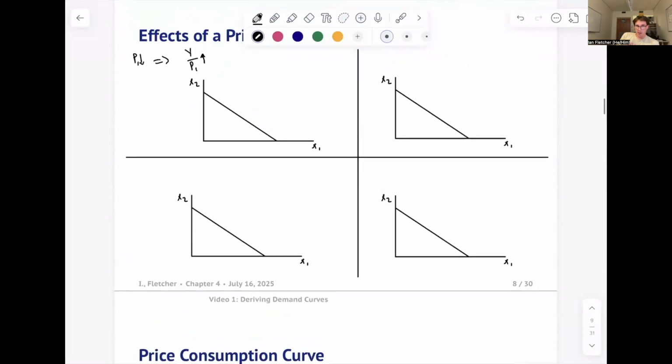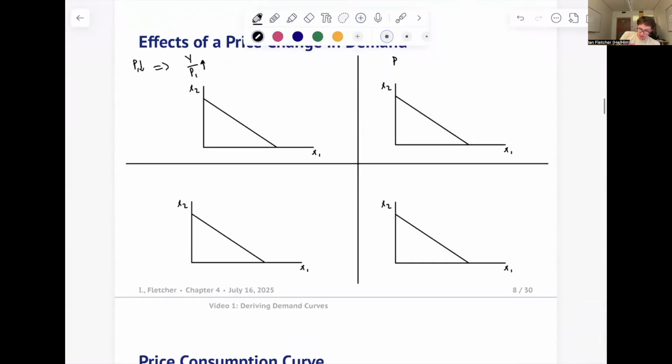So coming back down here, if we had an increase in P1, then this ratio is going to decline. And then let's think about the same thing with P2. So this was the one that we did above. We are going to be sliding out.